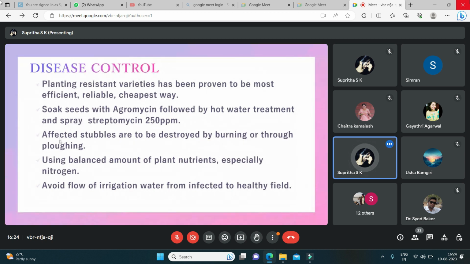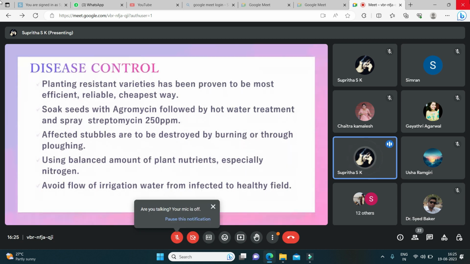Okay, as I told, it will spread by waterways. Water is one of the factors by which the disease will be transmitted. We need to avoid irrigation water going from the infected to the healthy field.